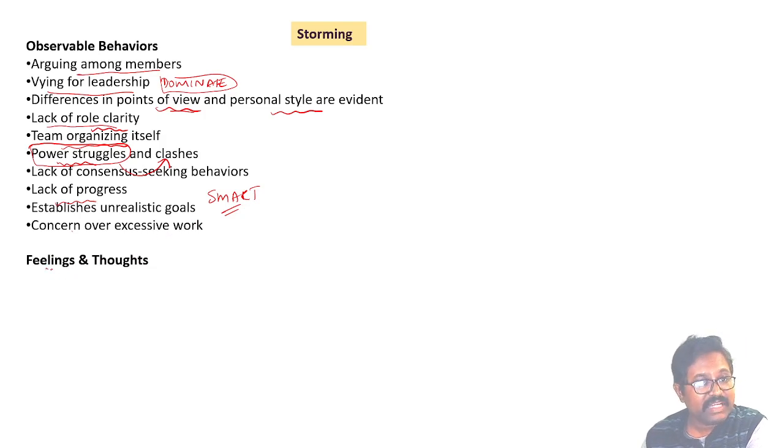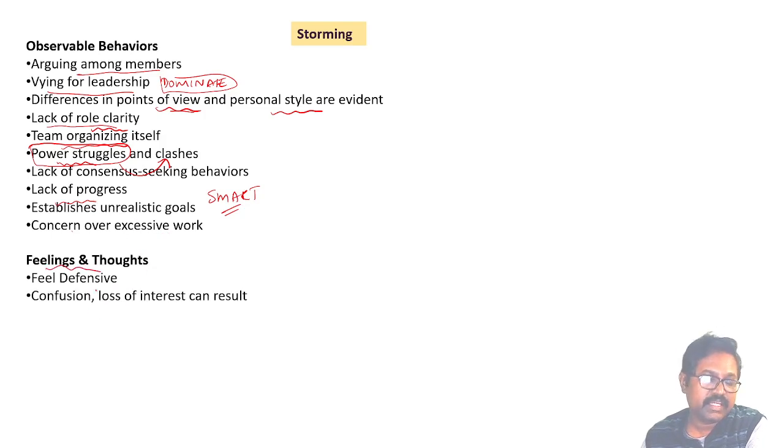So what will be the feelings and thoughts that you can observe in case of storming? There is a feeling of defensiveness. There will be a lot of confusion between the team members.